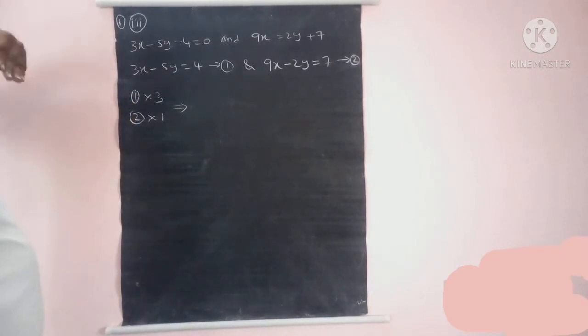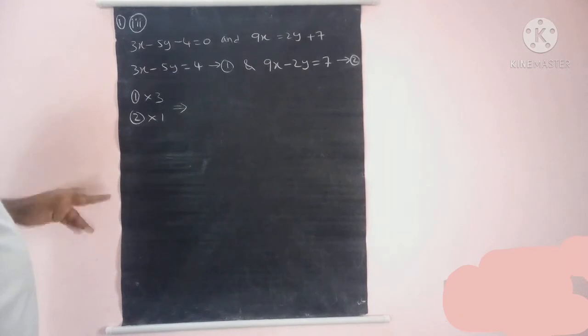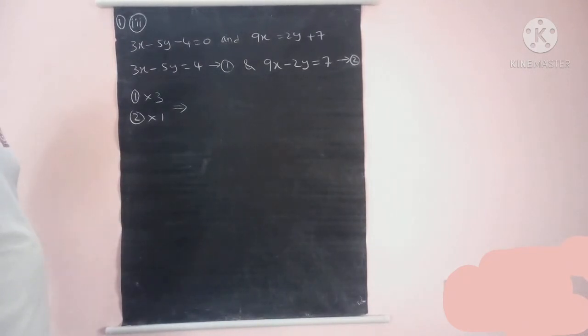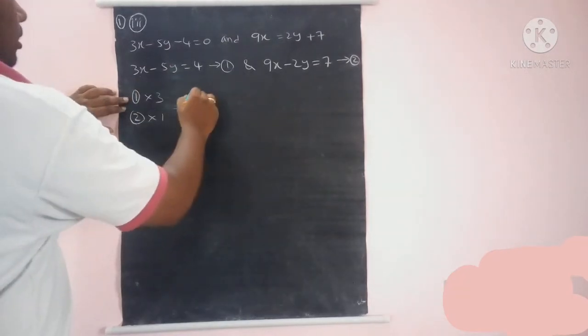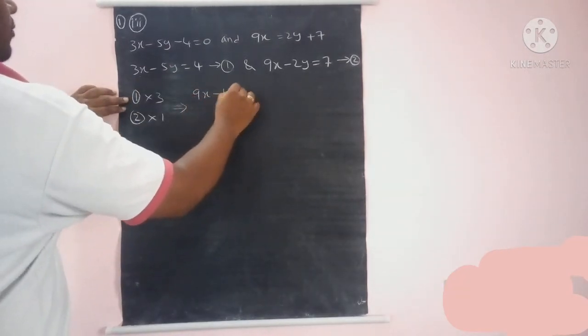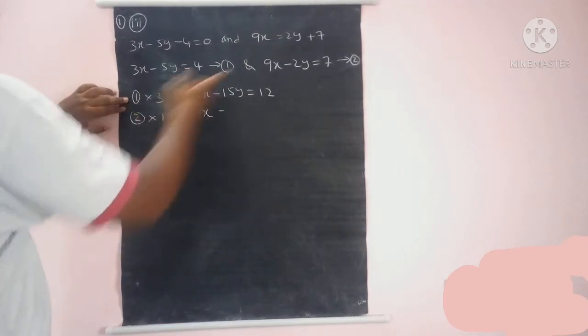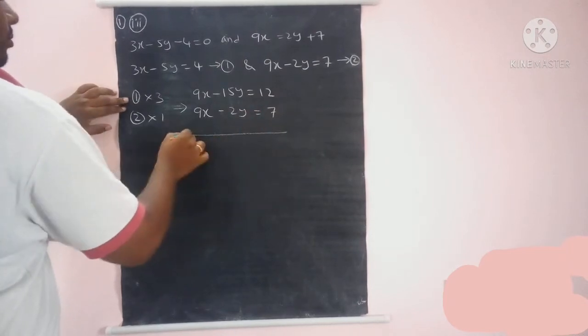This is another method. Till now we followed only one process, multiplying with the alternate x coefficients. Here I changed things because our aim is to make the coefficients the same. So 1 into 3, then 9x minus 15y equals 12. The second one stays the same, because if I multiply with 1 I get the same coefficients, so I am not changing it.